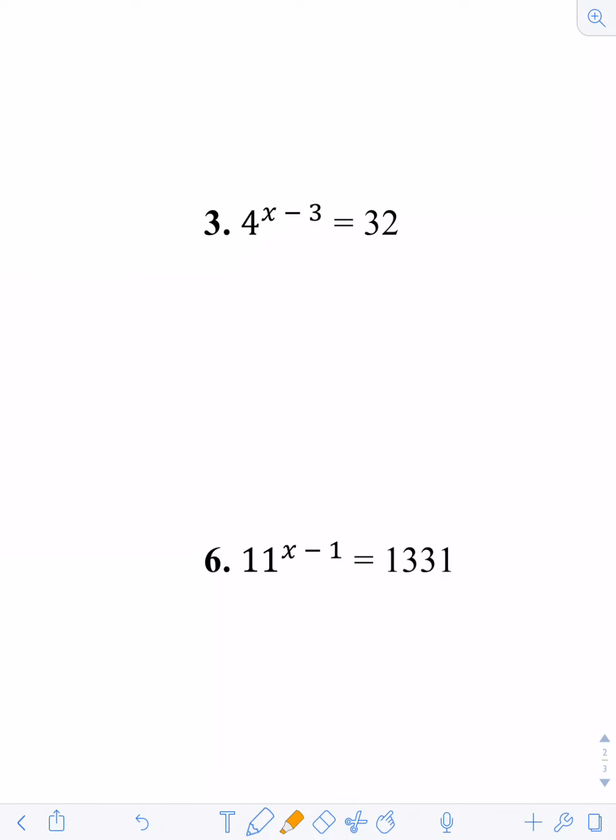So again, notice I only have one base in the problem. That's a 4. So what I'm going to do now is figure out, 4 to the power of what gives me 32? And if you notice, when you type it in, 4 to the power of 1, 4 to the power of 2 gives you 16, 4 to the power of 3 doesn't give you 32.